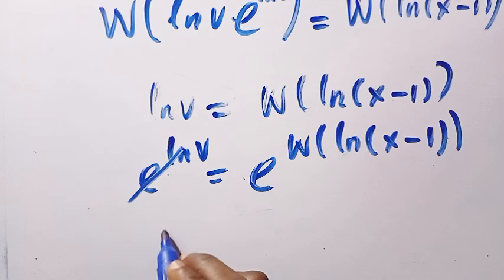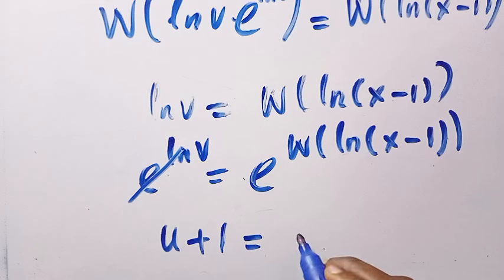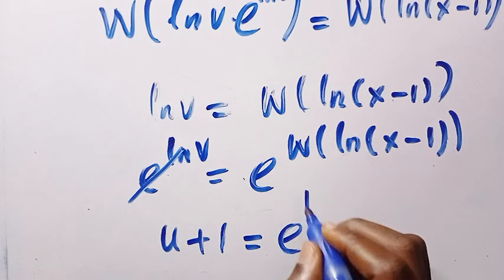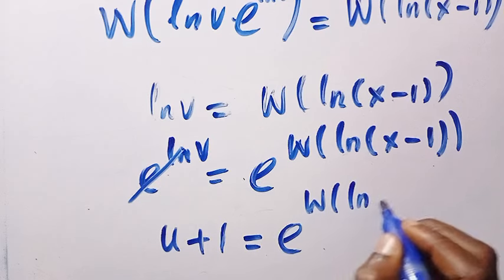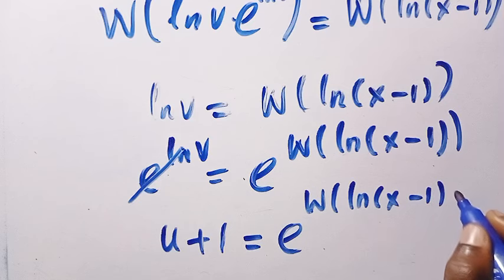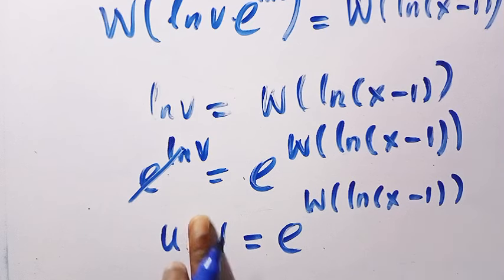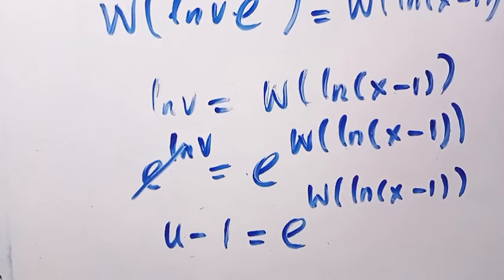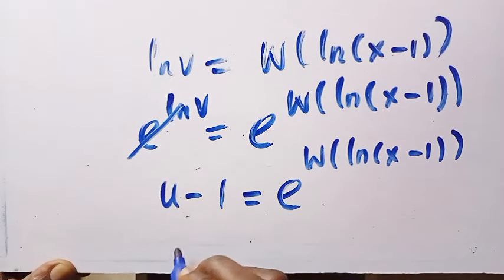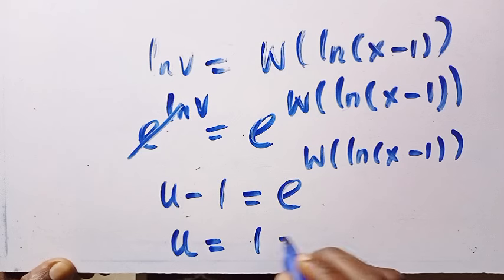But v is given as u minus 1, which equals e to the power of omega of ln of x minus 1. So when we take 1 to the other side, we have u equals 1 plus e to the power of omega of ln of x minus 1.